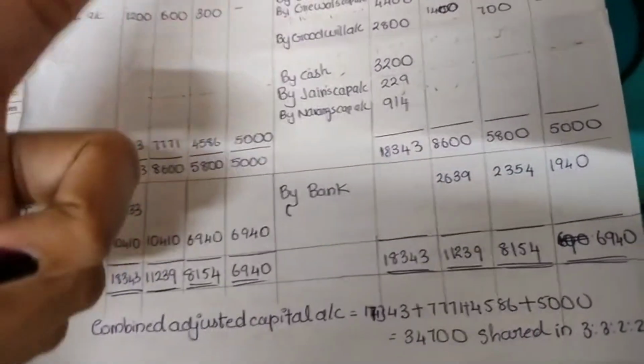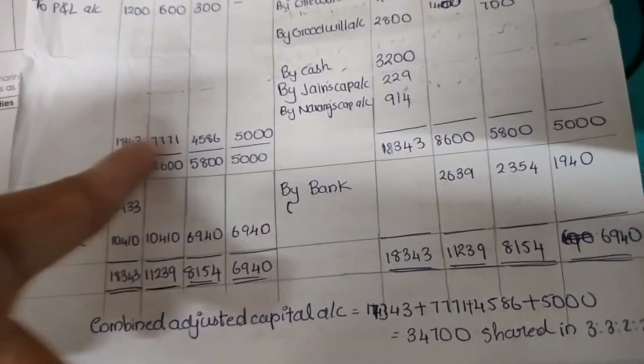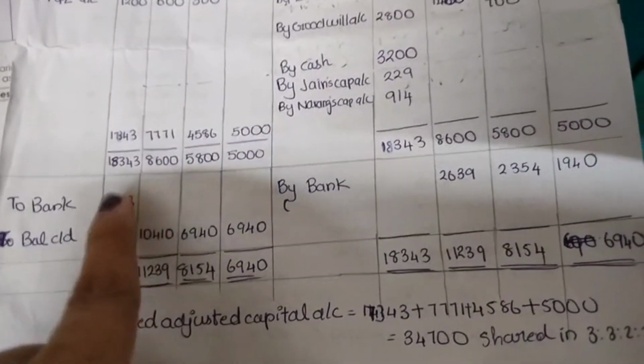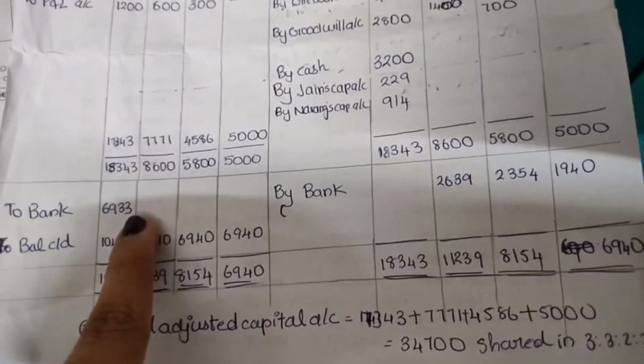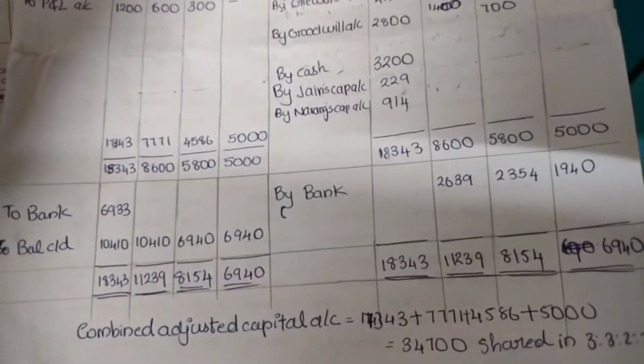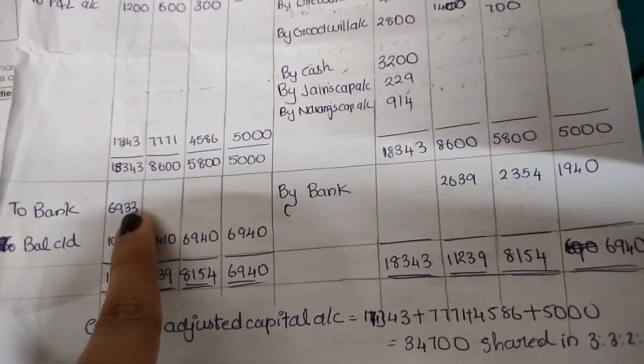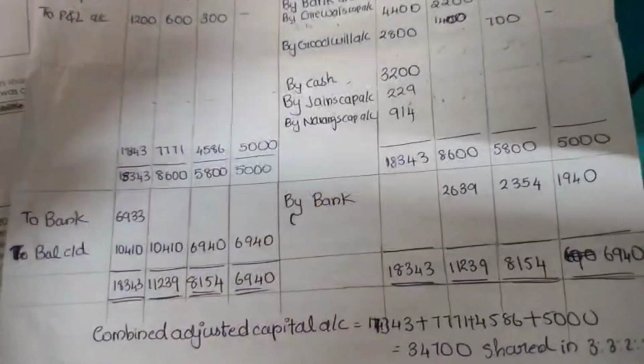When we do S's account, we'll see there is a balancing figure in the debit side, that is 6,933. What does this mean? S has an excess of 6,933, he can withdraw this amount because he has got an excess amount in it.